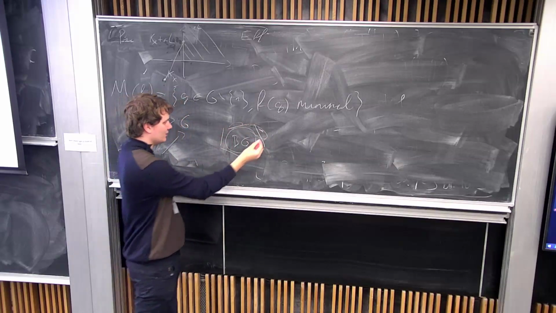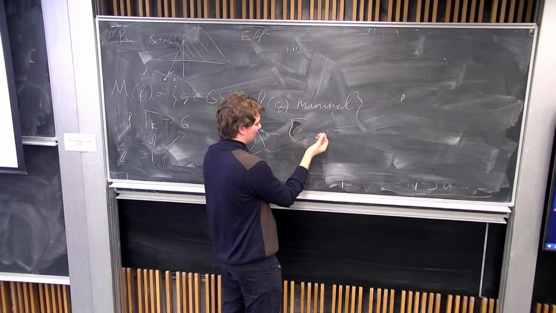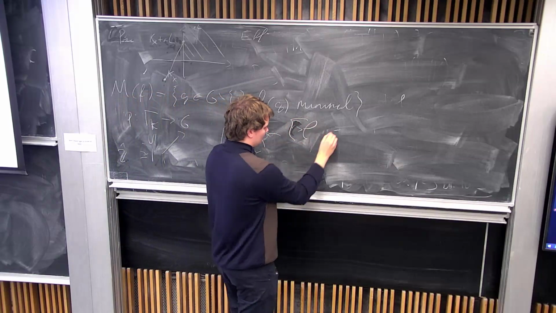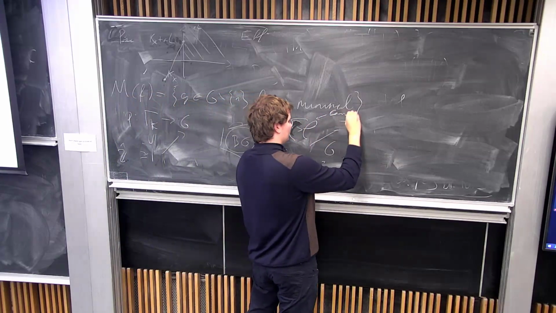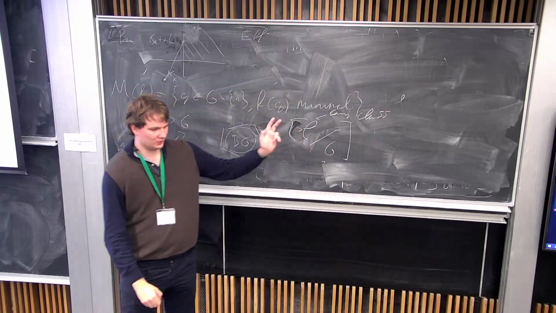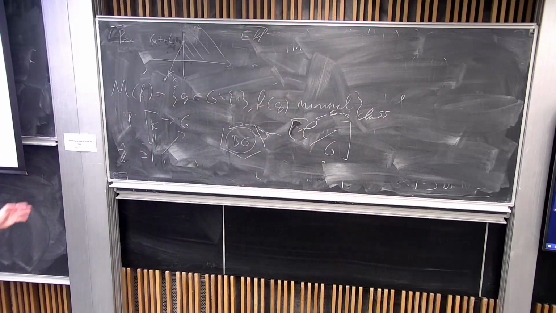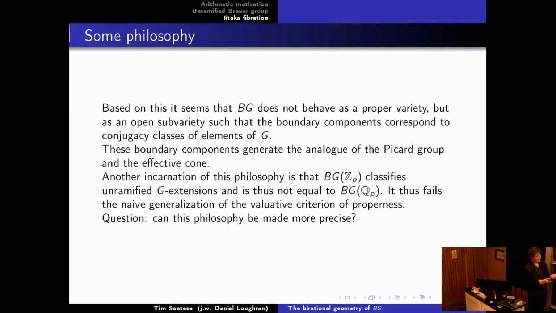Each component corresponds to a conjugacy class C, where G acts on C by conjugation. This is in some sense what seems to be happening, and it's not so clear why this is true. Why do you want to say it? For example, these boundary components generate an analog of the Picard group, and they also generate an analog of the effective cone in some sense.